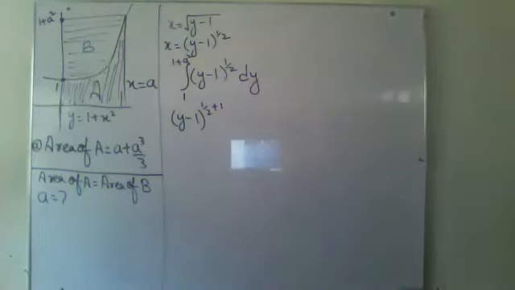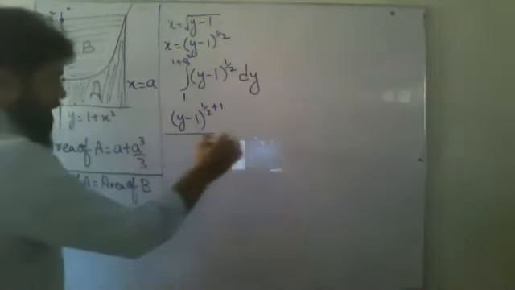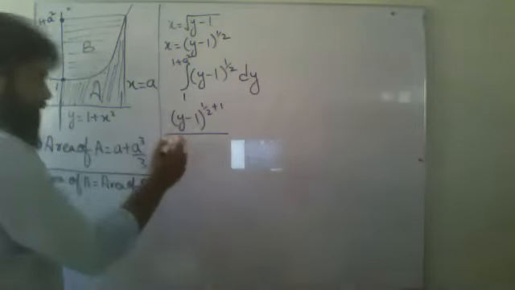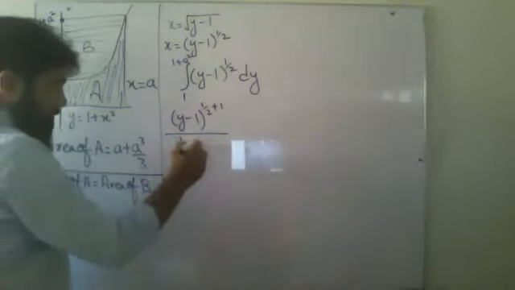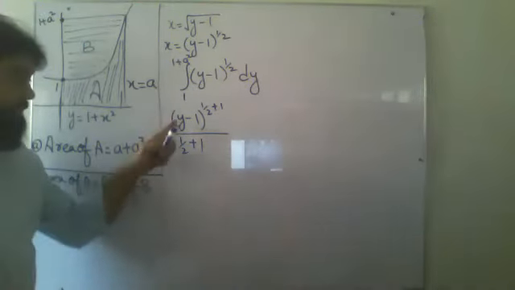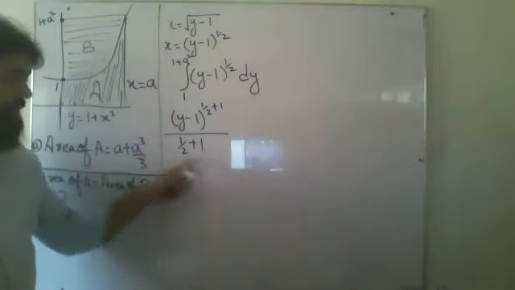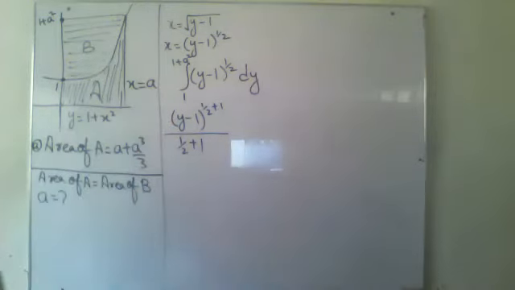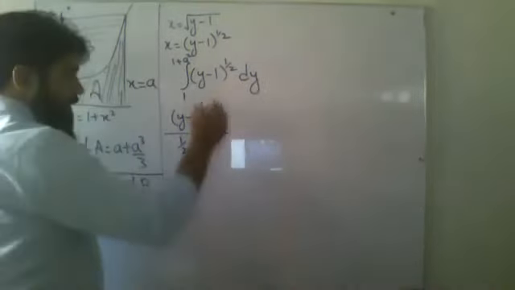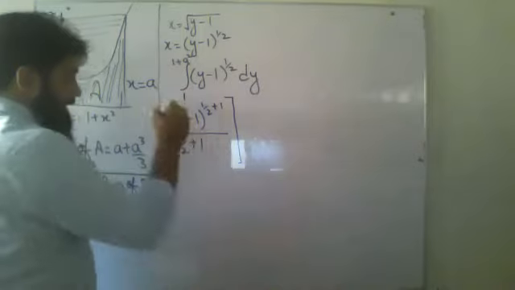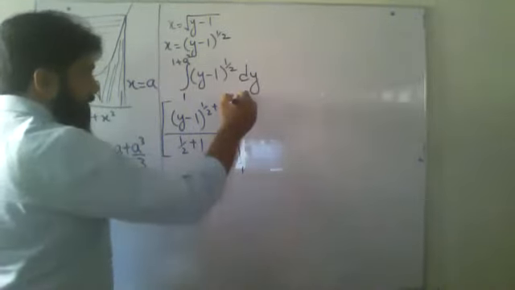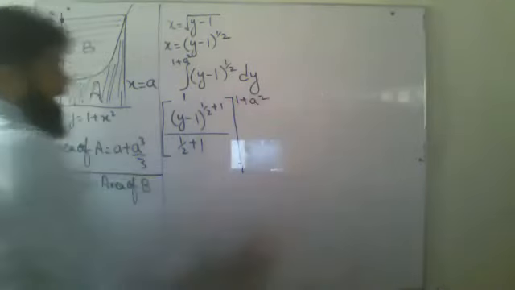And in the denominator, you will write the new power, and the coefficient will be multiplied by the coefficient of y, but y's coefficient is 1, so it is not going to do anything over here. I'm not going to apply anything else. I don't have to. And as it is a definite integral, the limits are 1 to 1 plus a square.